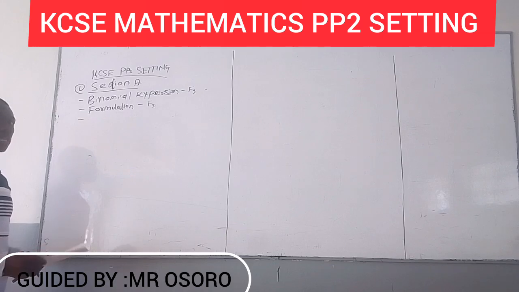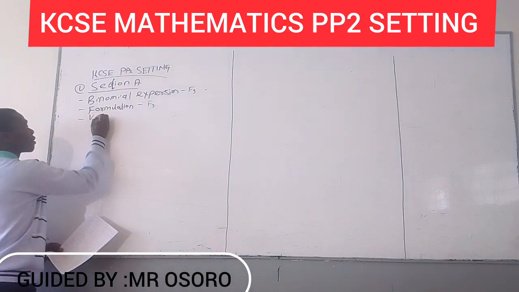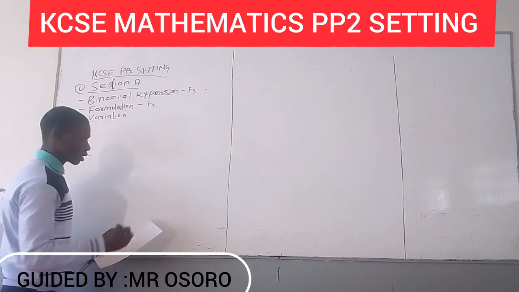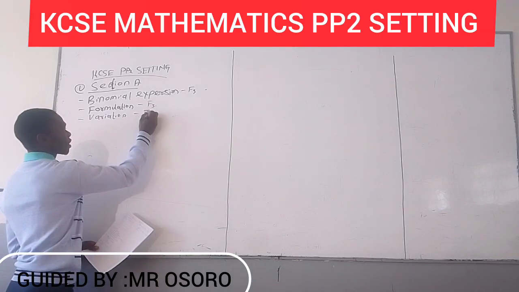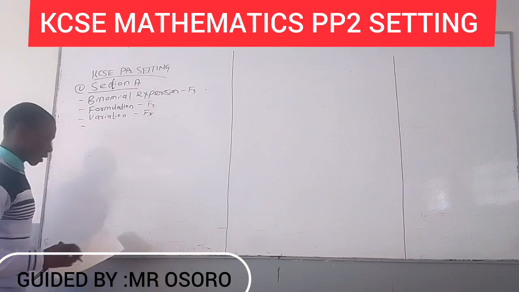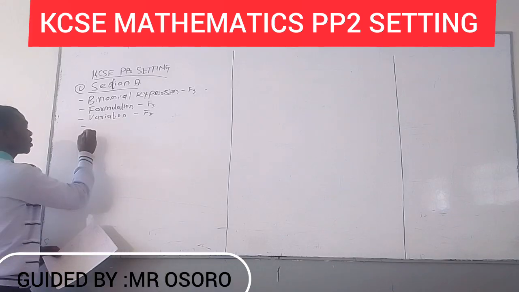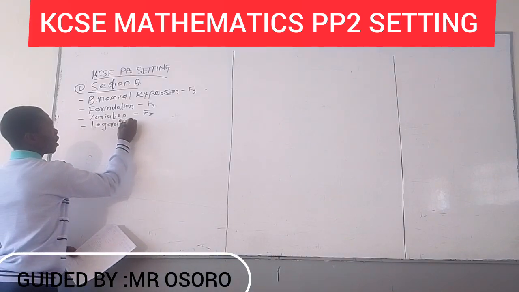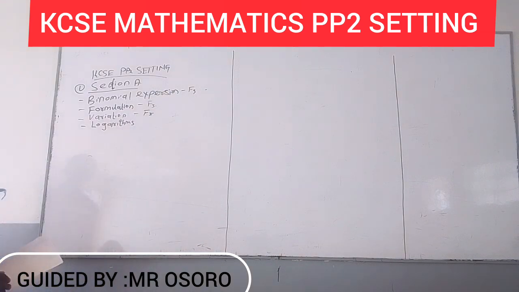Another one is variation, again in Form 3. Another topic is logarithms. Of course, in Paper 1 there is logarithm.